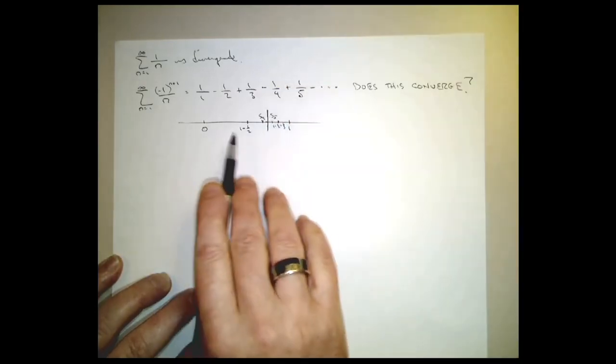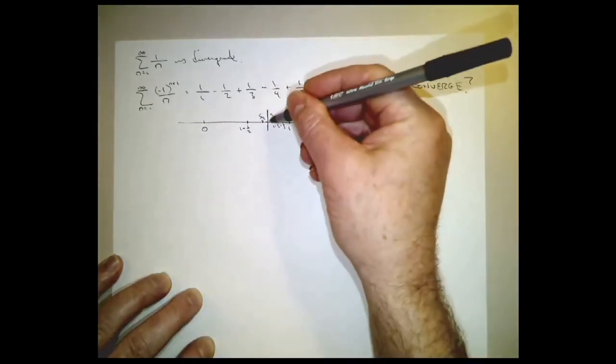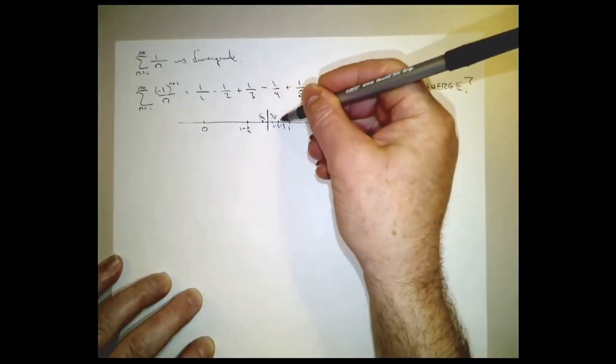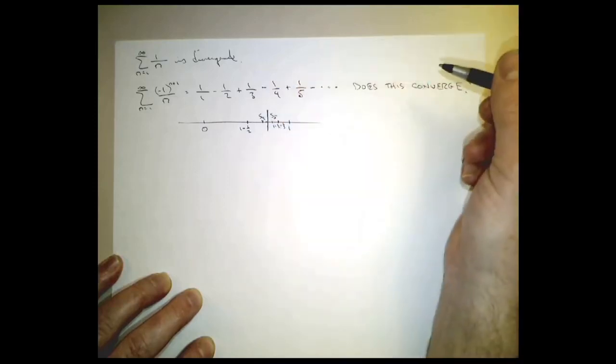We have this increasing sequence that doesn't seem to be getting as high as any of these partial sums up here.